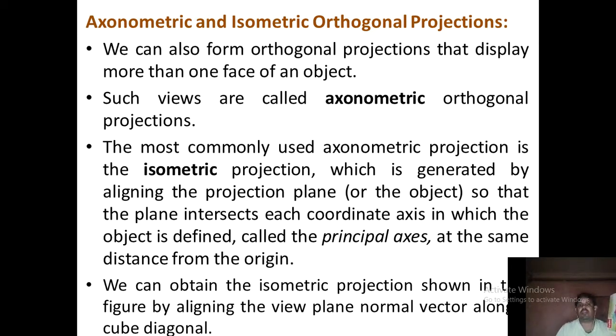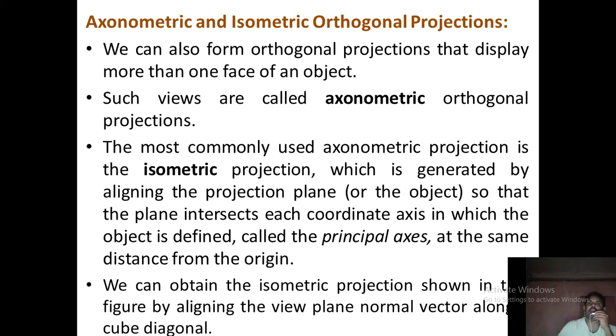But sometimes I want more sides of an object to be seen. I want to see this side, this, this, and this. In that case, we can also form orthogonal projections that display more than one face of an object.